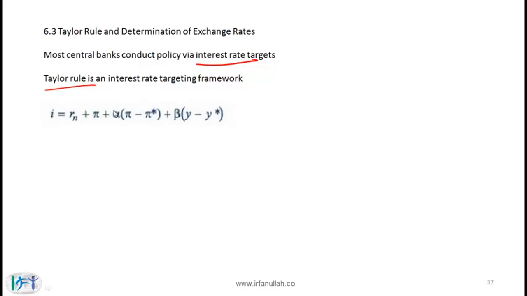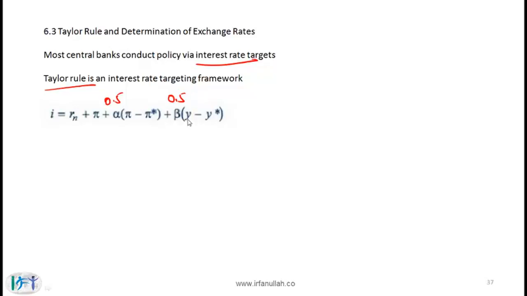Pi refers to the current inflation rate. Alpha and beta are coefficients, which for simplicity now we will just take as 0.5. Pi, as I already discussed, is the current inflation rate. Pi star refers to the central bank's target inflation rate.